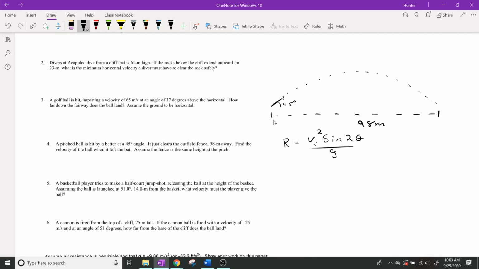So from the Googles, we learned the range formula. Now that VI, what kind of velocity is that? Is that the x direction, the y direction, or just the total velocity? Well, so yeah, we have the range and we have the angle, right? So this looks like a perfect equation to use because that gives us both the R and the theta. So the VI that it's speaking of here is actually the total velocity.